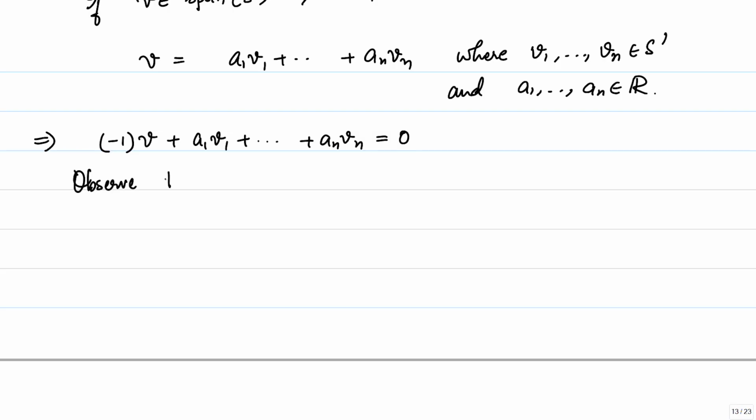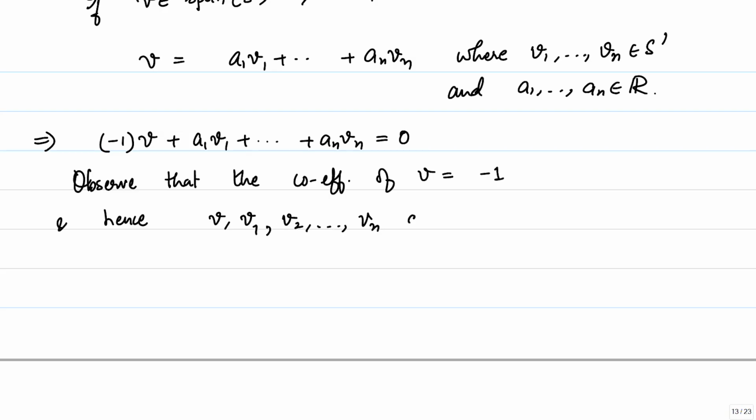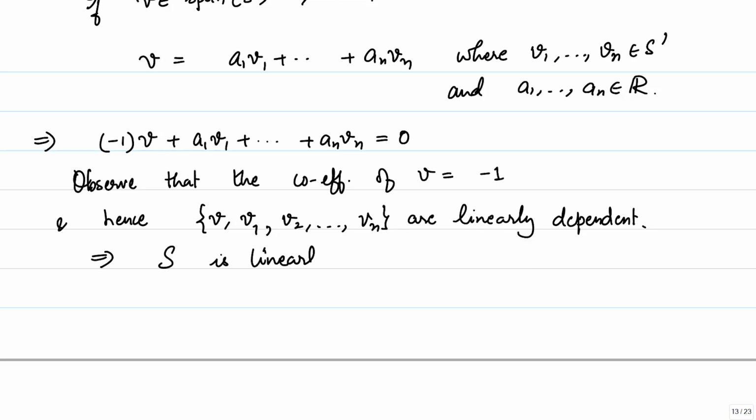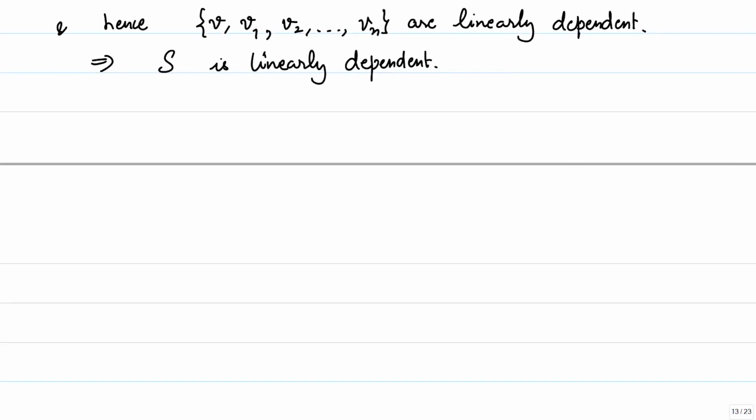Observe that the coefficient of V is equal to minus 1, and hence V, v1, v2 up to vn are linearly dependent, which implies S is linearly dependent, because these are elements in S. But that is a contradiction, because by assumption our S is linearly independent.